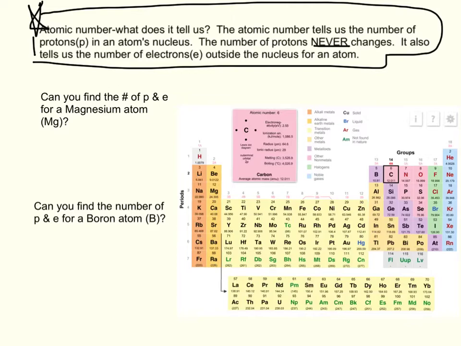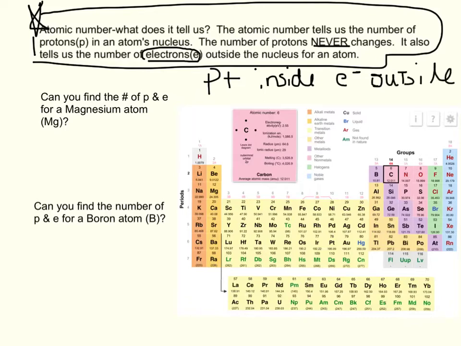It also tells us the number of electrons that are outside the nucleus. Remember, protons are inside the nucleus. Protons have a positive charge, and they are inside, and electrons have a negative charge. That's why I'm going to draw a little negative, and they are outside the nucleus.